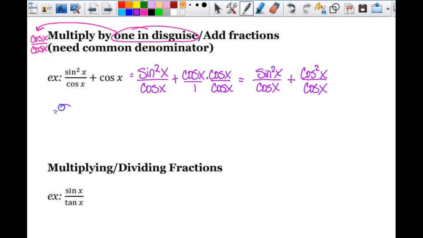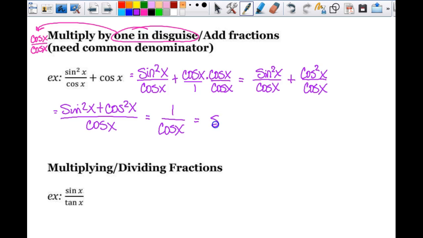So this is going to give me sine squared x plus cosine squared x all over cosine of x. So now what can I do? Good, simplify this to 1. This is one of my Pythagorean identities, right? Sine squared plus cosine squared is 1. So that's 1 over cosine of x, which means my answer is what? Secant.